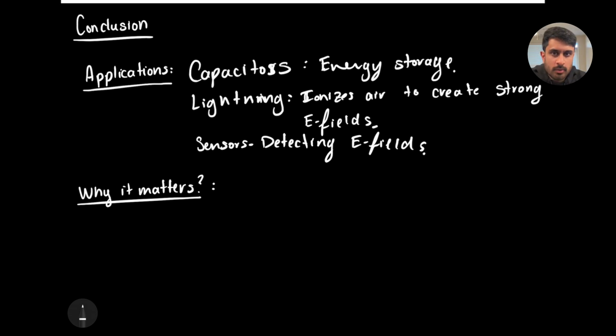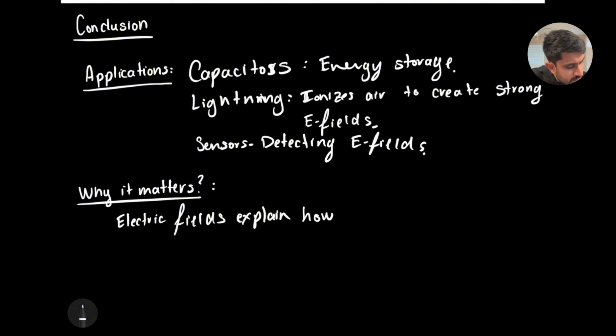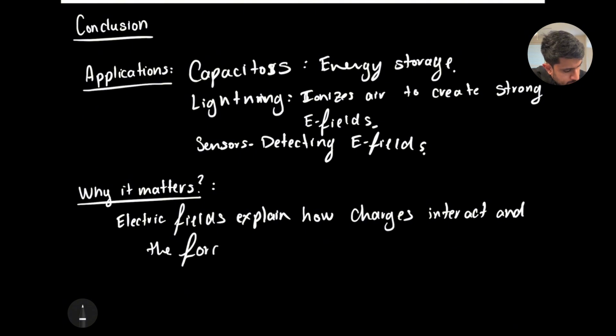So why does all of this specifically matter? We have a bunch of applications. How do we really put it all together to understand something fundamental? Electric fields explain how charges interact and the forces between them.